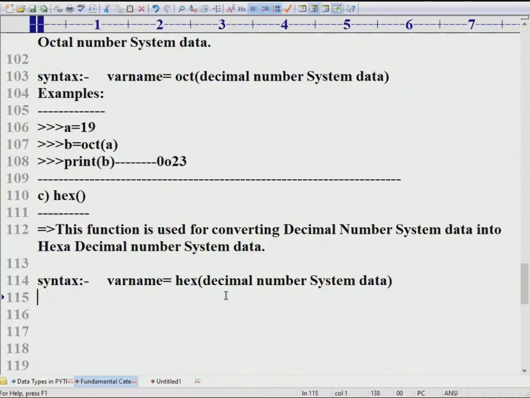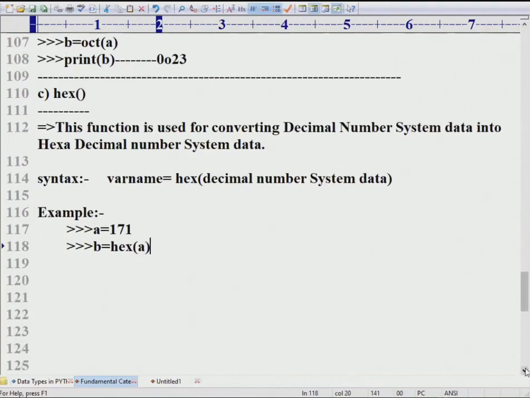If I take an example, A is equal to 171. B is equal to hex of A. Tell me, print of B. You get 0xab.